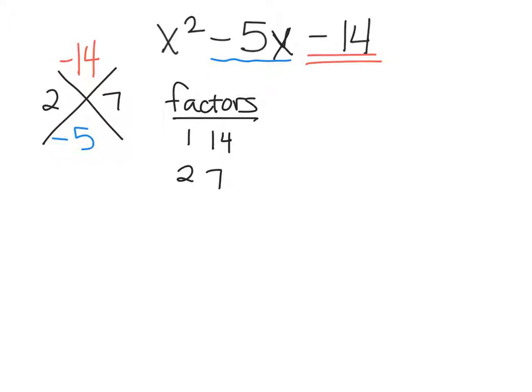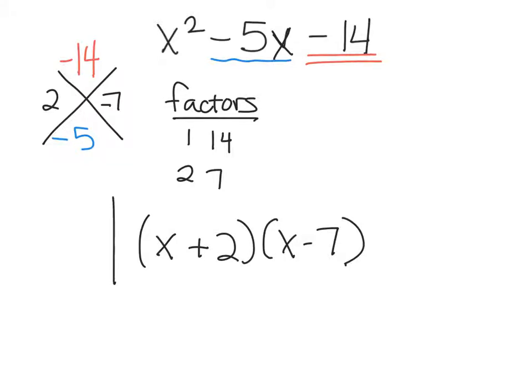It's positive. So in order to multiply to a negative, one of them needs to be negative. So I'm going to choose my 7 to be negative this time so that 2 minus 7 is negative 5. So I take those two factors and I put them in my parentheses. And there is my answer.